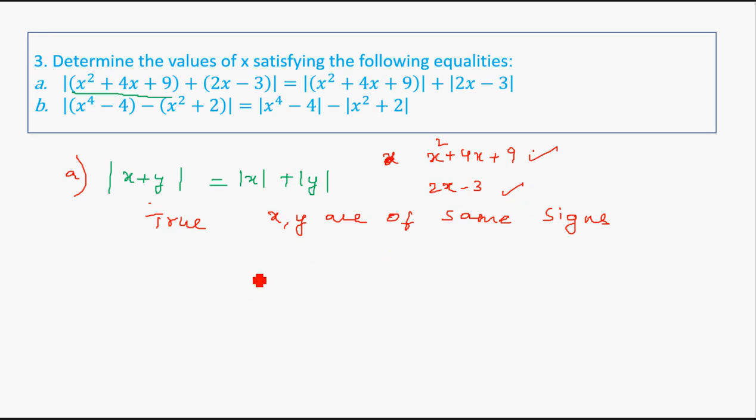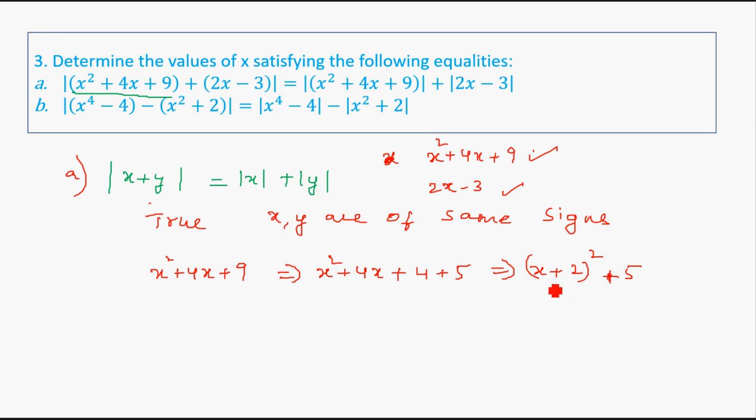Now, when you see this term, x square plus 4x plus 9, this term can be written as x square plus 4x plus 4 plus 5, which is nothing but x plus 2 whole square plus 5. Now this term is always positive. Why?